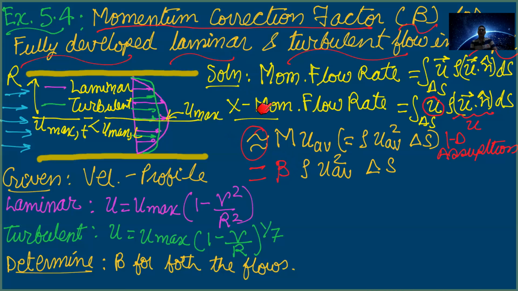So strictly speaking, when you write an algebraic equation, each of those momentum flow rates you should multiply by beta. However, later on, if you do this exercise for laminar and turbulent flow, there is a message that you will get. You will learn something. I'll hold on for some time, and I'll come back to this towards the end of this tutorial.